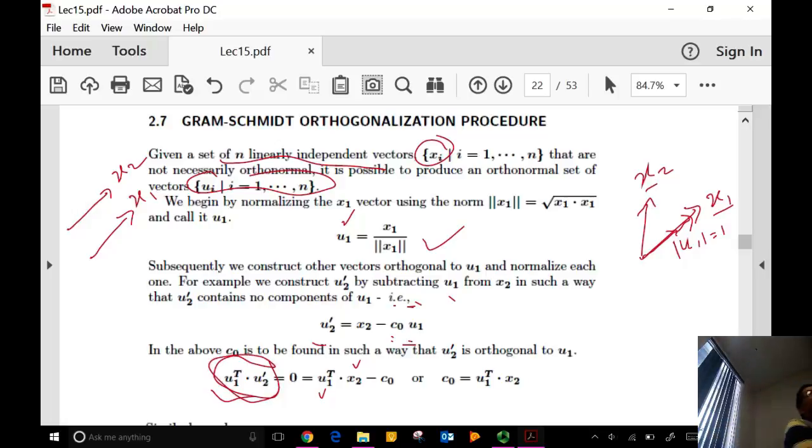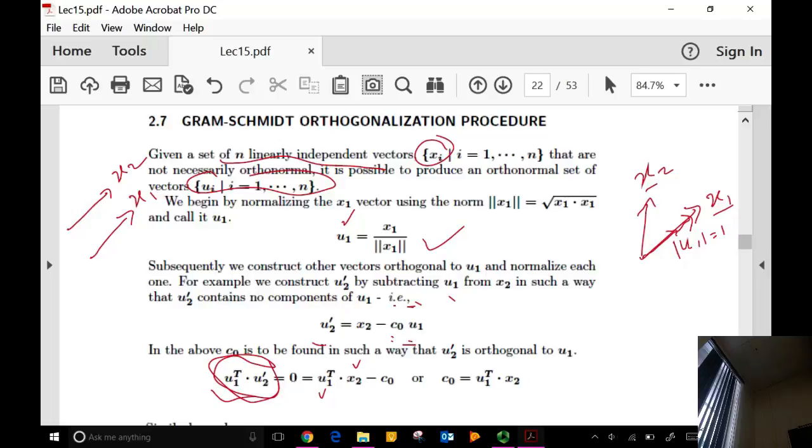Is the transpose of U1 times U2 always 0? No, in general, they won't be 0. That's what I was trying to illustrate by the graph here, right? What is x2 minus C0 U1? x2 is this vector, right? And then I'm taking a vector in the U1 direction, some unknown length. So if the length is this, then the subtracted one will be something like this, right?